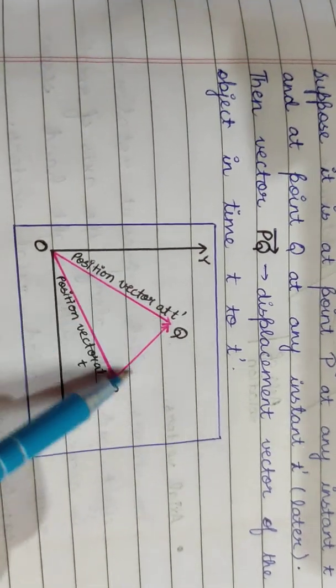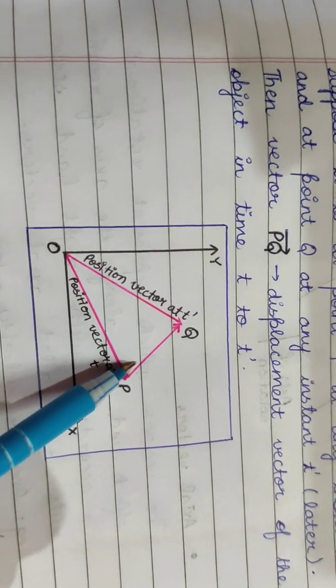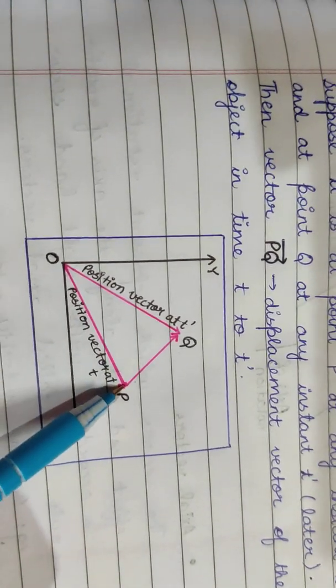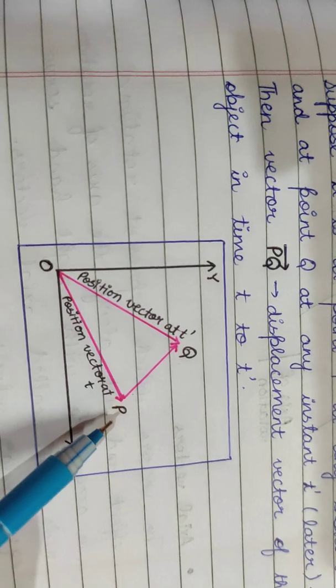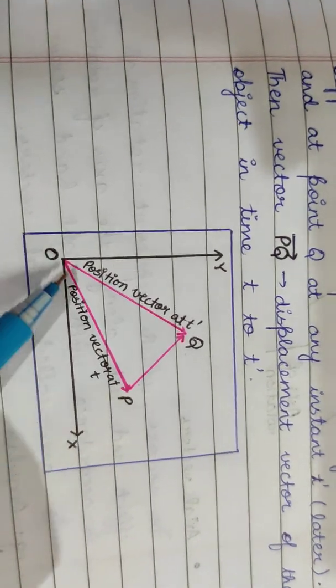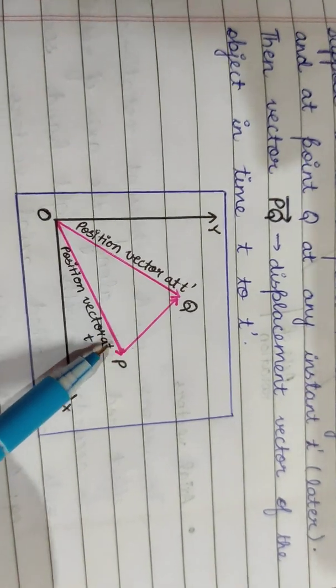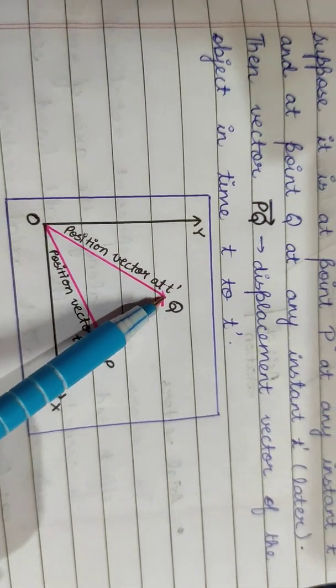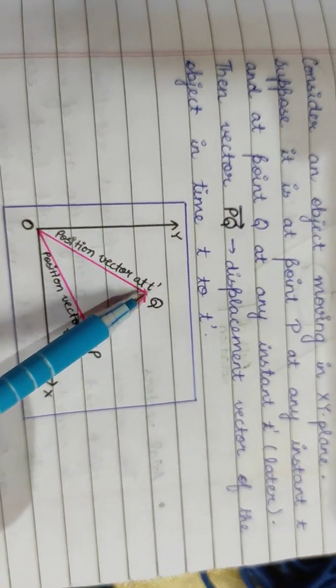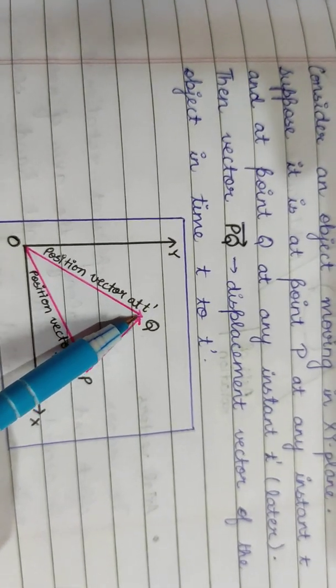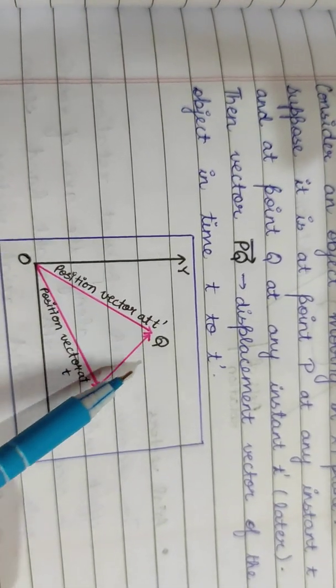So for knowing the displacement vector of an object, we must know the position vector at some time t and the other position vector at time t dash. Then this vector PQ represents the displacement vector of the object in time t to t dash.